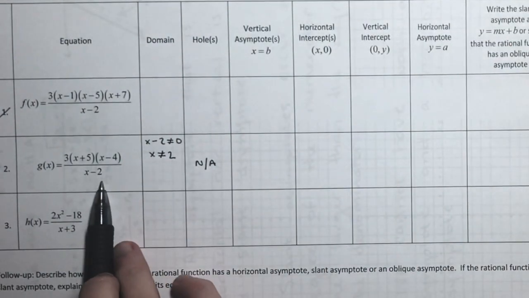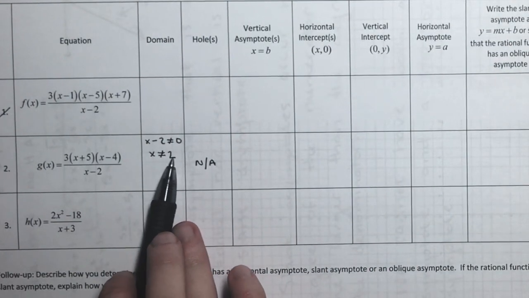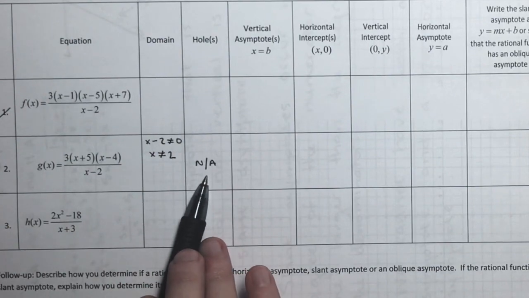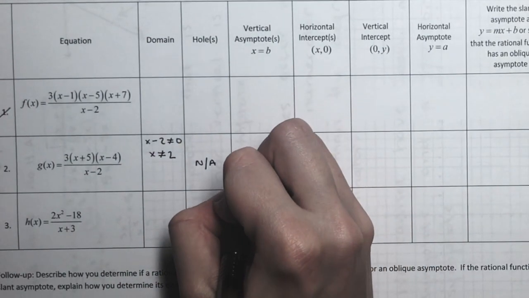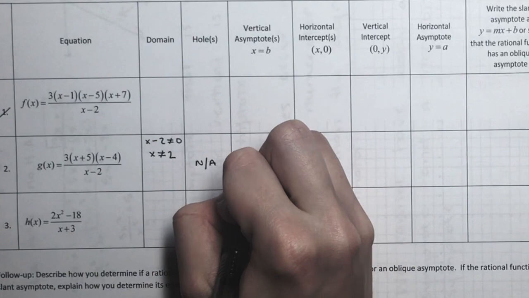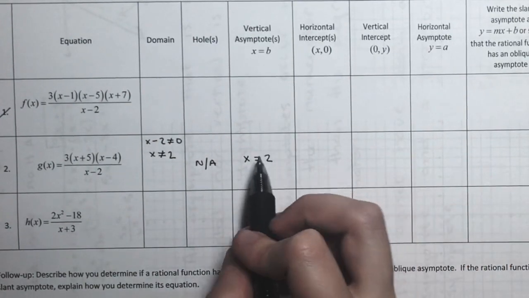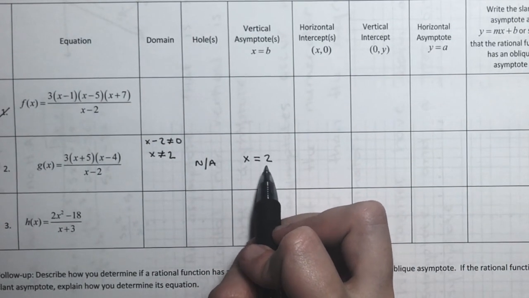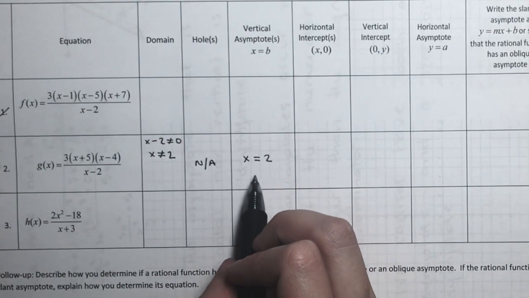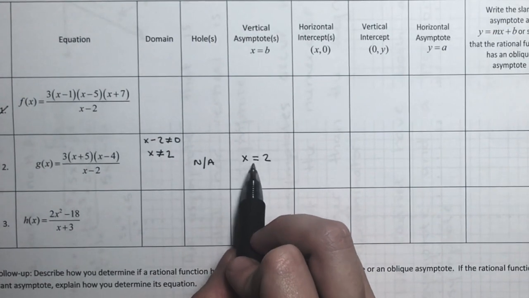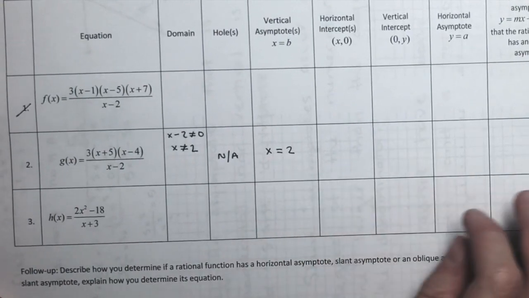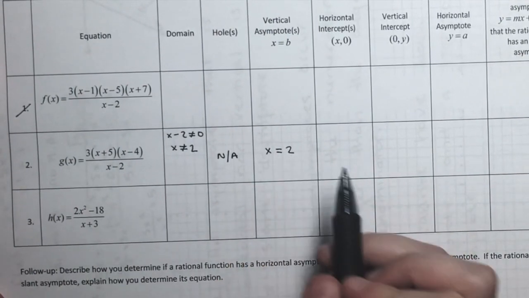Do we have any vertical asymptotes? Well, we know that if this x equals 2 is not a hole, then it has to be a vertical asymptote. X equals 2. And remember, asymptotes are not just numbers, they're lines, and we have to include their whole equation. So we are not just going to say 2, but we are going to say x equals 2.